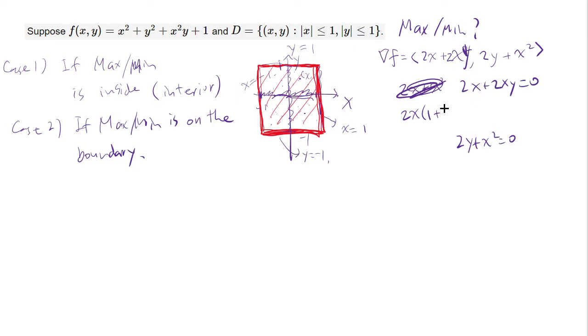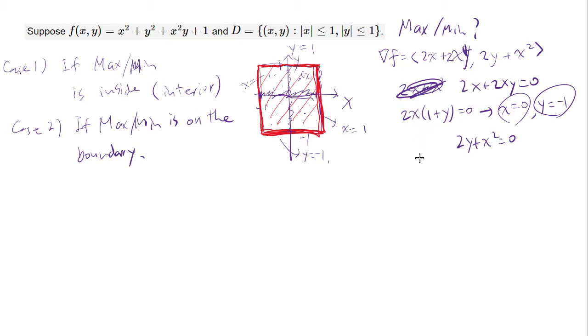If you factor it by 2x, it's 2x times (1 plus y) equal to 0. So either x is 0 or y is -1. So you have two cases. If x is 0, 0 times anything is 0, so it satisfies this. If y is -1, it will again satisfy this. And that's the only possibility, because if two things multiply to 0, one of them has to be 0.